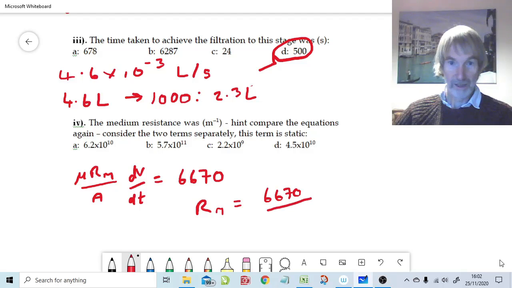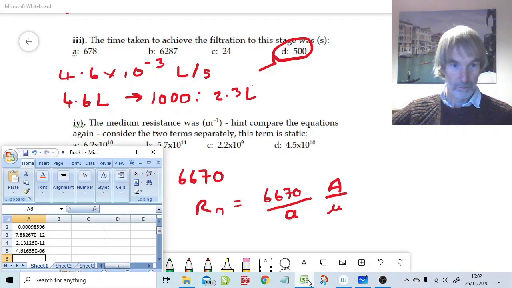So that's over, let's call that Q. Then we have A, the area, and the viscosity underneath here, which I think I've already populated. Nope, I haven't. That's okay.